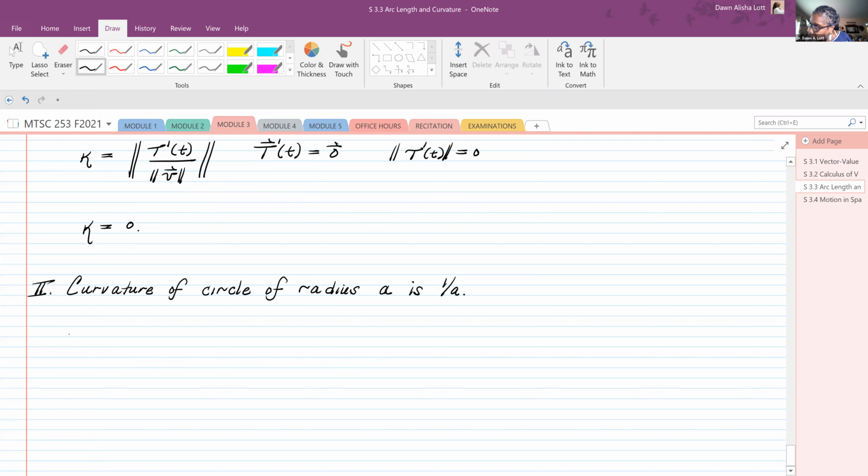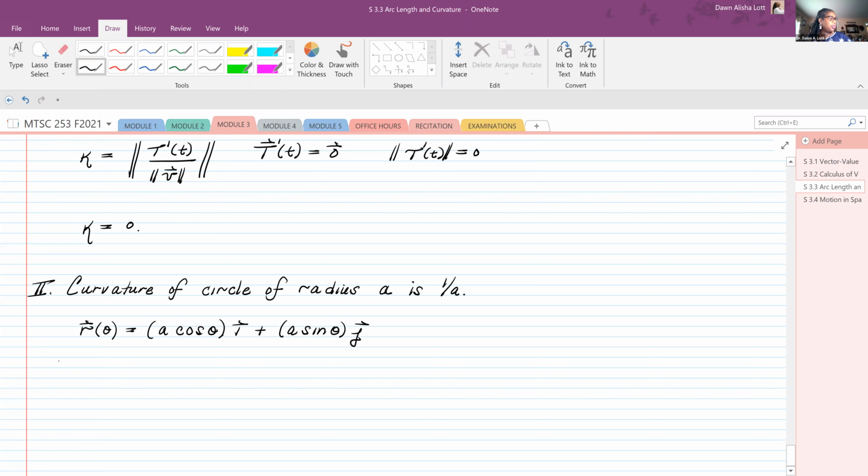Here is r of theta equal to a cosine theta i plus a sine theta j.